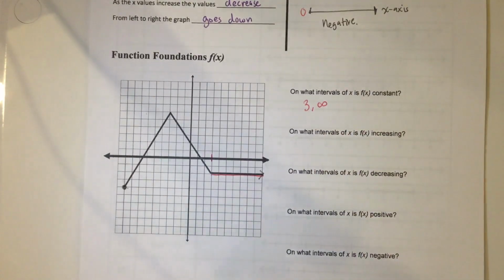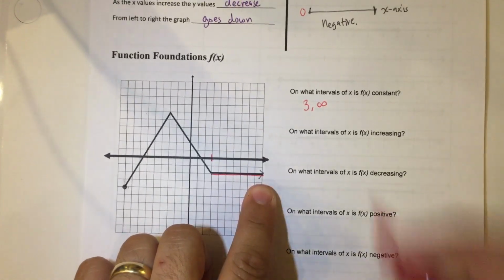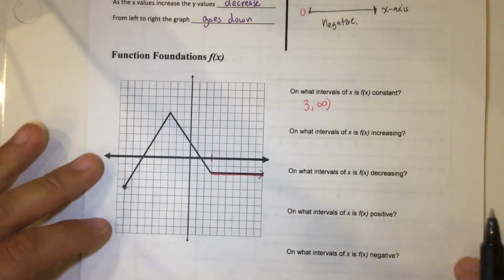Now for here, let's talk about when to use brackets, okay? So right now we know that this goes towards infinity, which is automatically a parentheses, okay? So I'm going to write a note here.